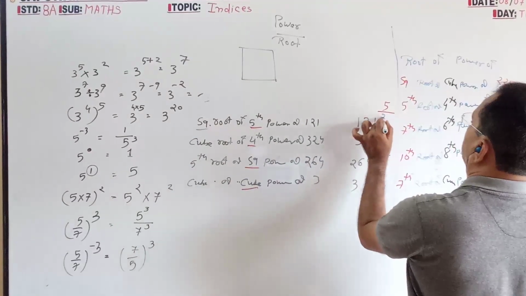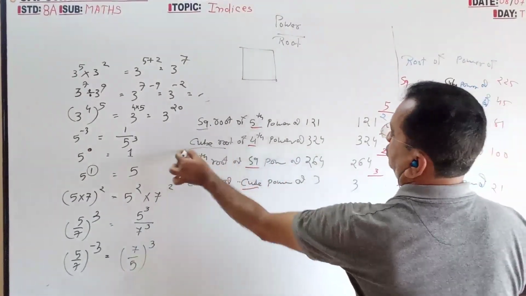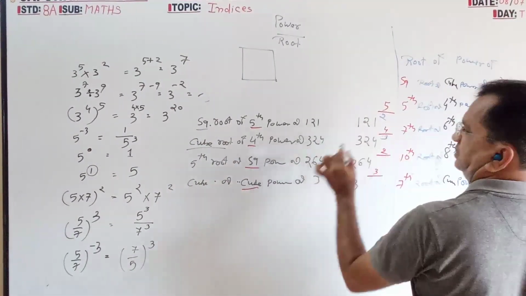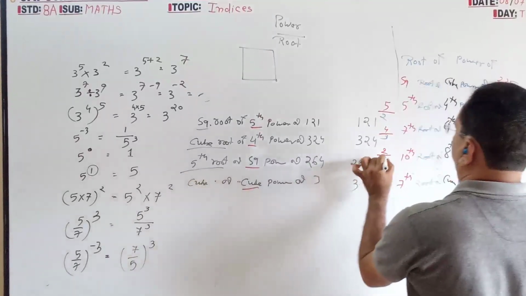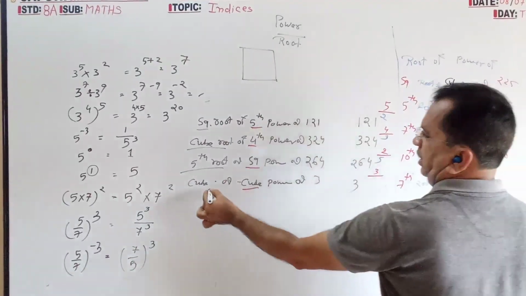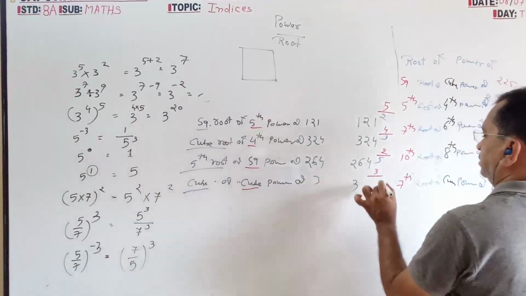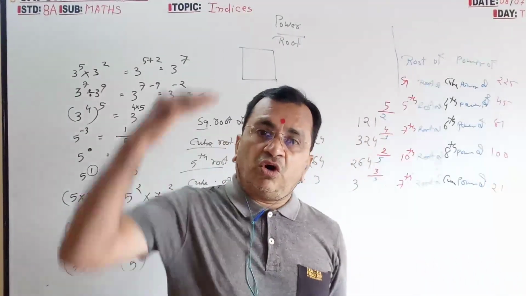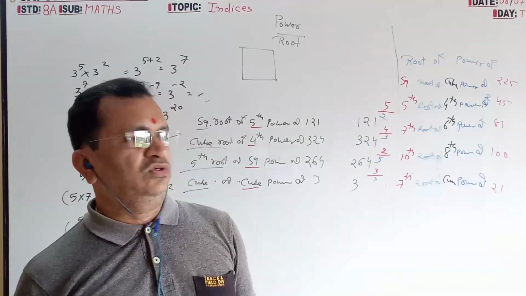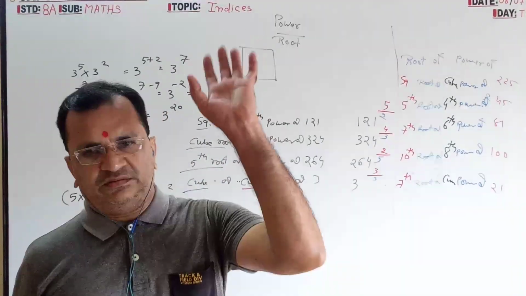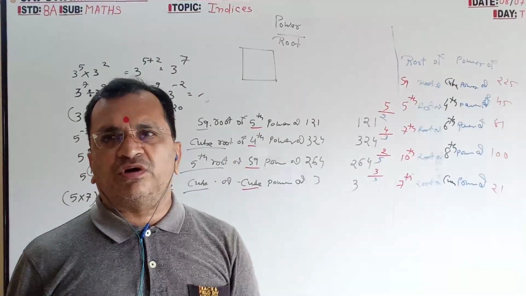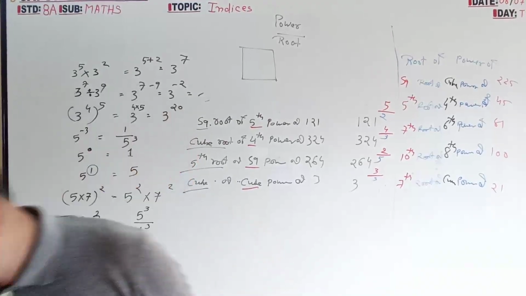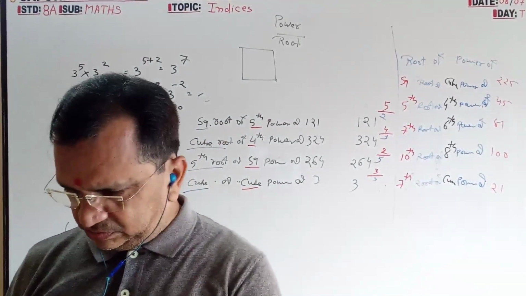Square root means 2 only. How much root? Cube means 3 only. How much root? This is 5 only. How much root? Cube root. So all roots are in the denominator, all powers are in the numerator. Like that you have to complete. Okay? Take the screenshot.